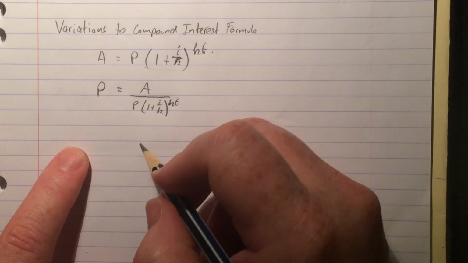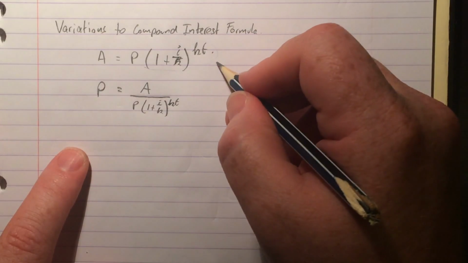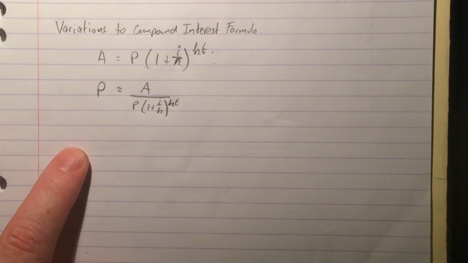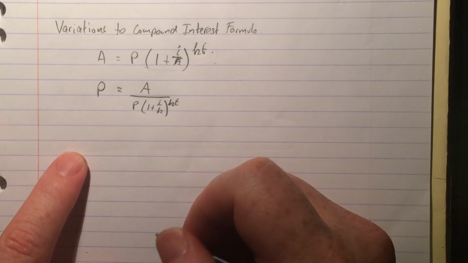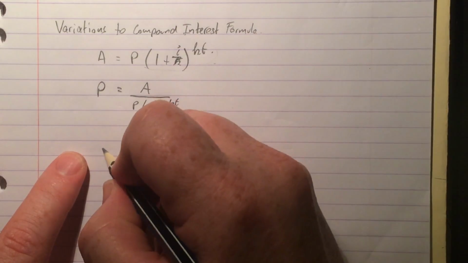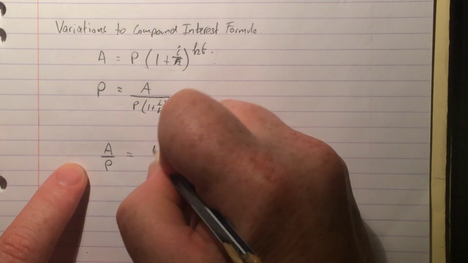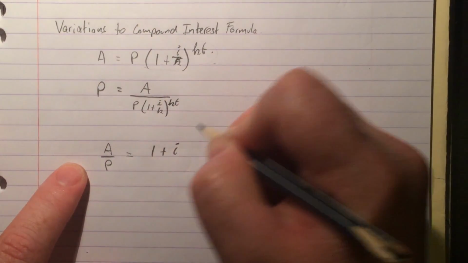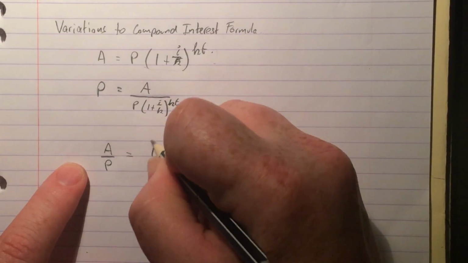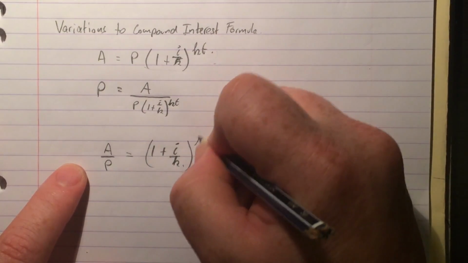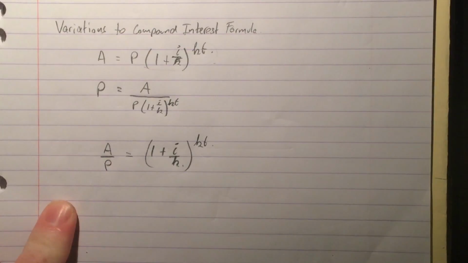So to start off, we'll start with our original equation and we'll divide both sides by P. So that will give us A over P is equal to 1 plus I over K to the power of KT.